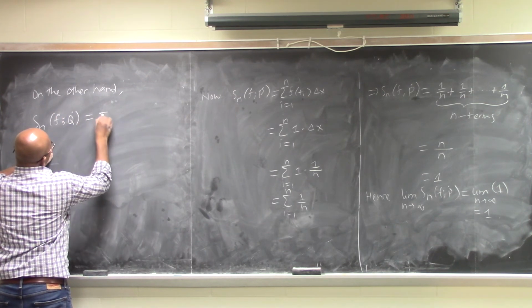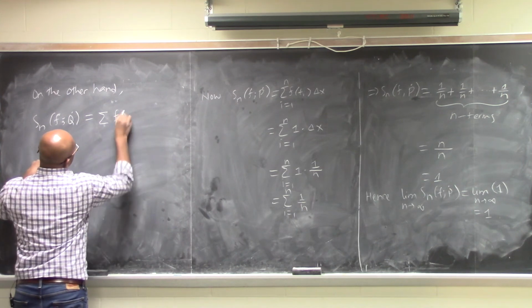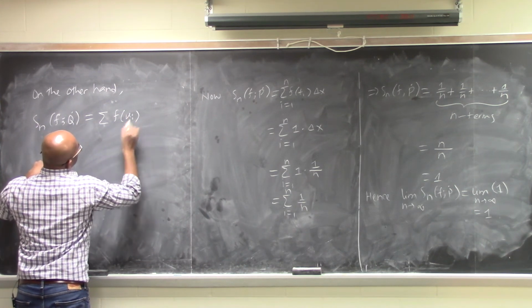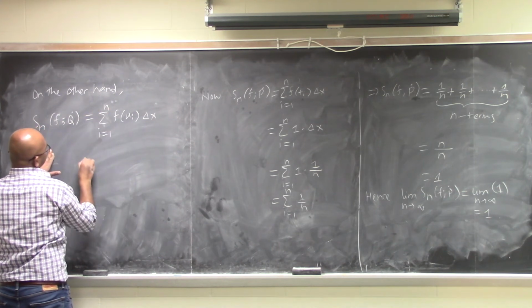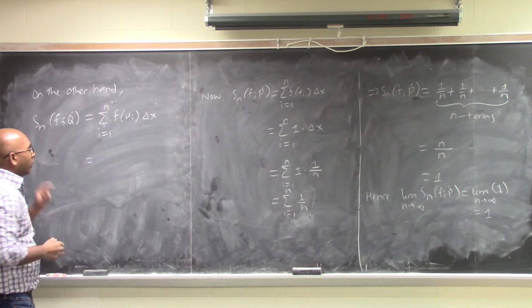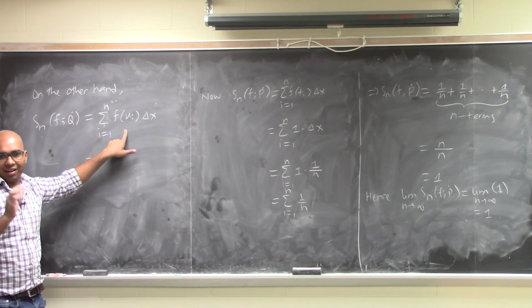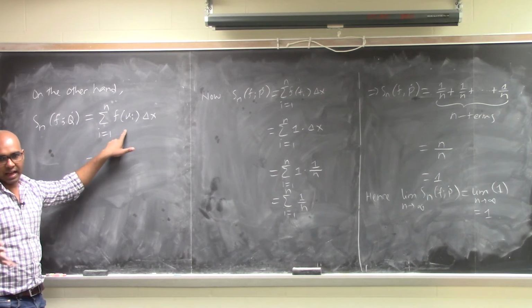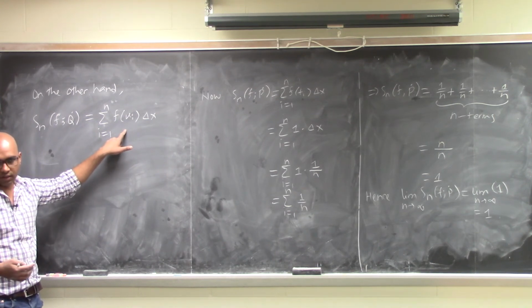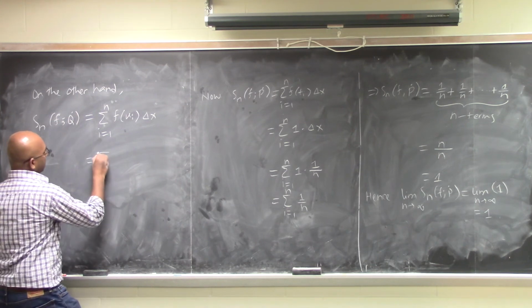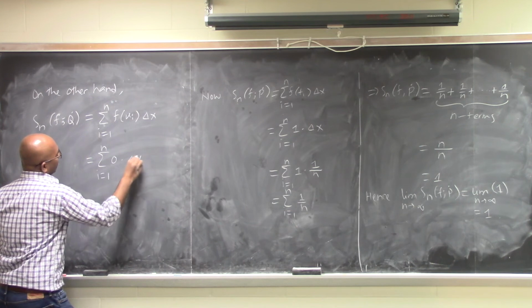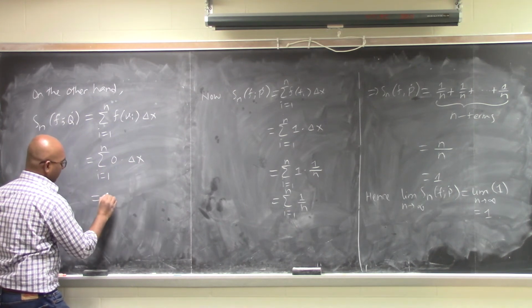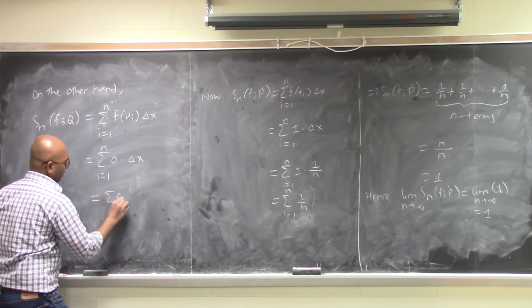This is now going to be the summation of f of u sub i times delta x, i runs from 1 up to n. Now, u sub i's are irrational numbers, and f of irrational numbers is 0. So this is 0 times delta x, but 0 times anything is 0, so this is a summation of 0.